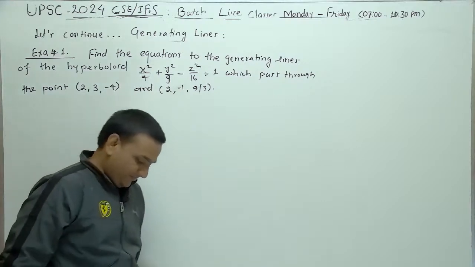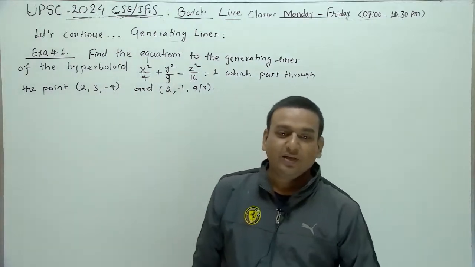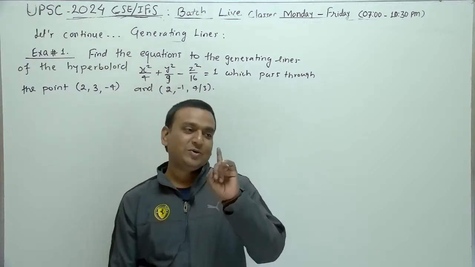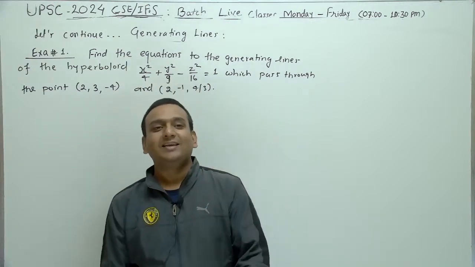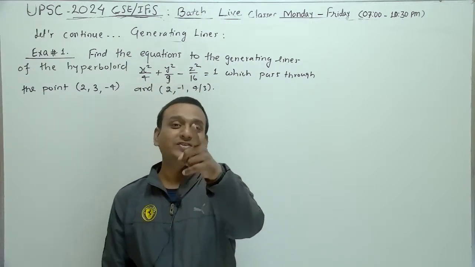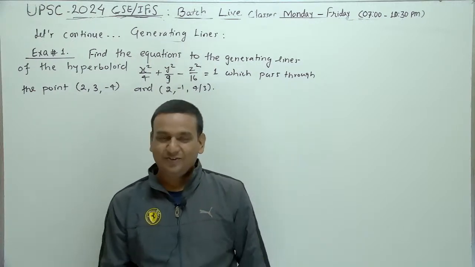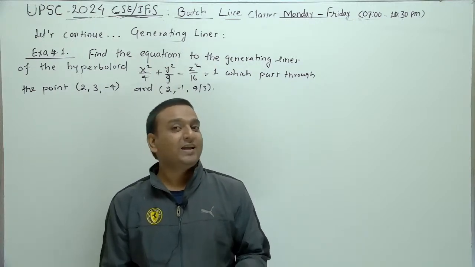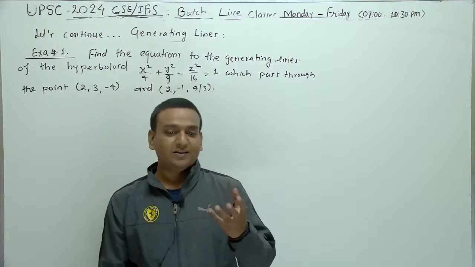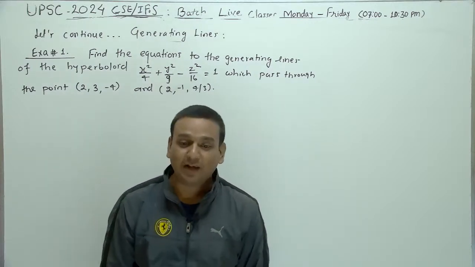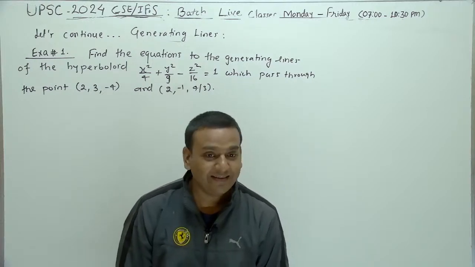अब देखिएगा, I will make you feel when you are end of the chapter, you are at the starting of the chapter as well. So when I started 3D, I told you straight lines and planes are the backbone of 3D. In every chapter, we will use that, right?